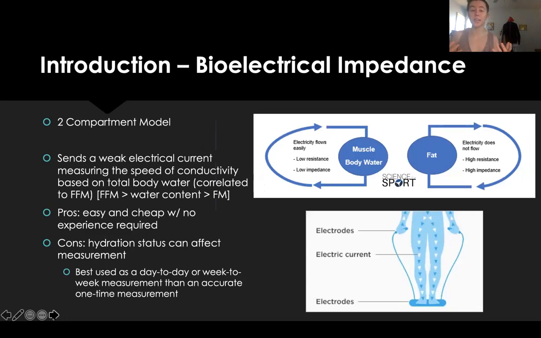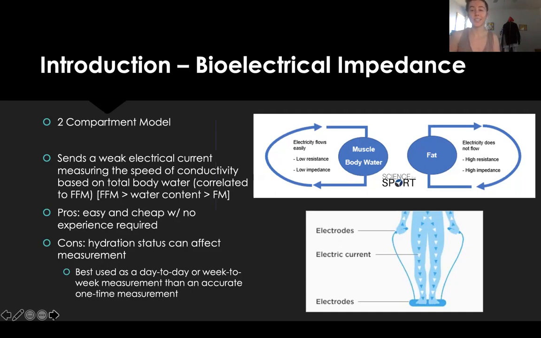So basically what it does is it sends a weak electrical current through your body, and then the time it takes to get back to the equipment, to the plates, is how it uses calculations to predict your body fat percentage and muscle percentage, whatever.